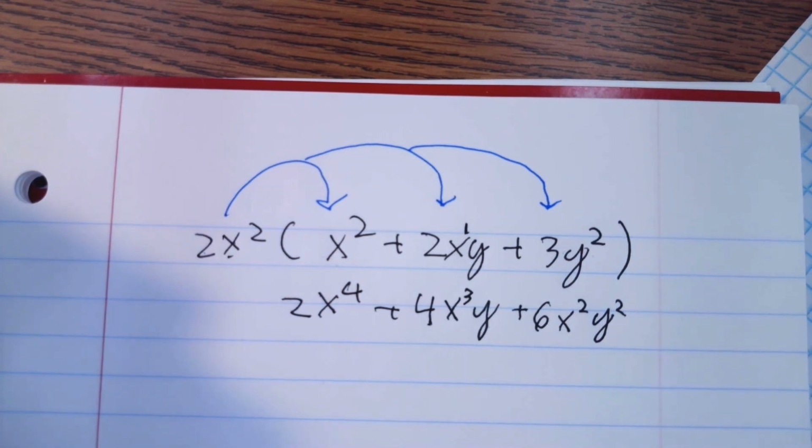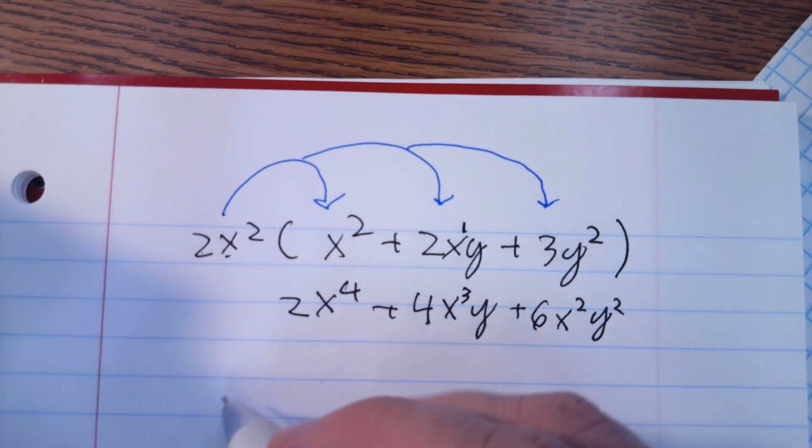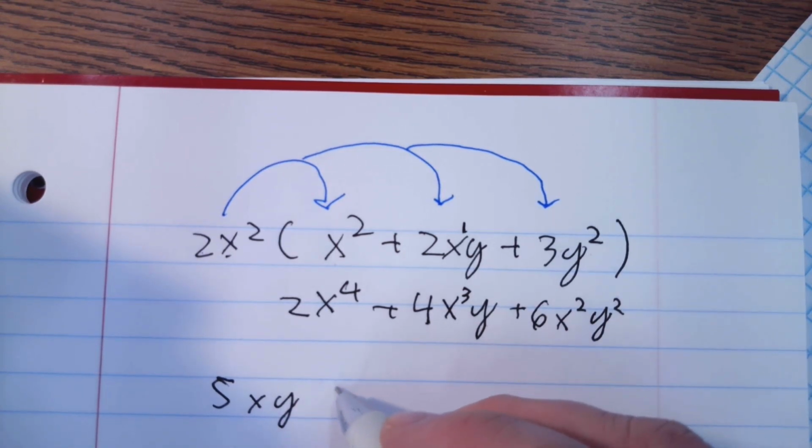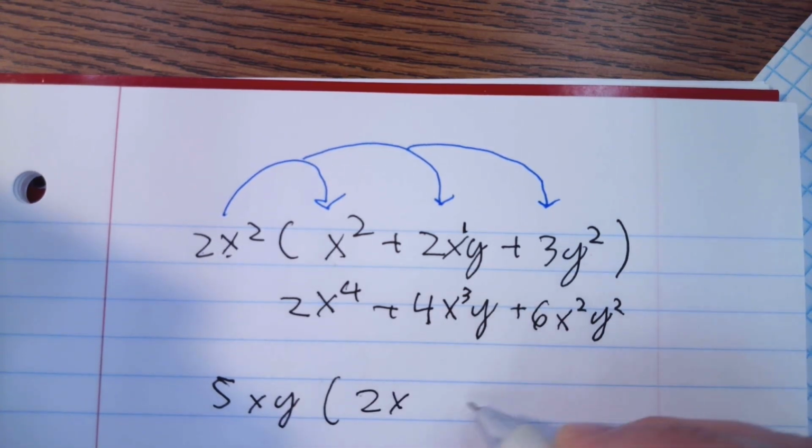Okay, that's basically it. Maybe you might have problems with this: 5xy times 2x plus 5y. Let's see if we can do that.